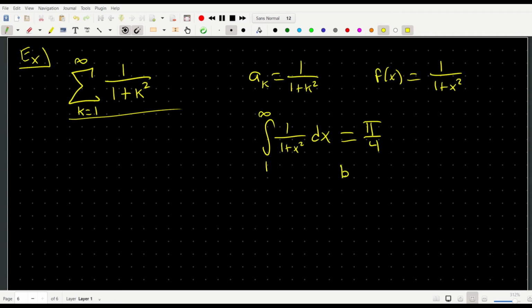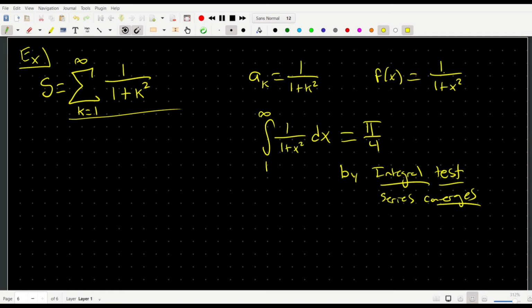So then, by the integral test, the series for S converges. It converges because the improper integral of this function, which is positive, continuous, and decreasing, converges.